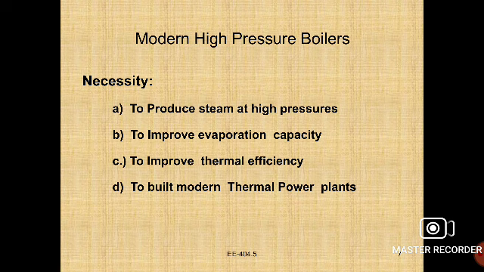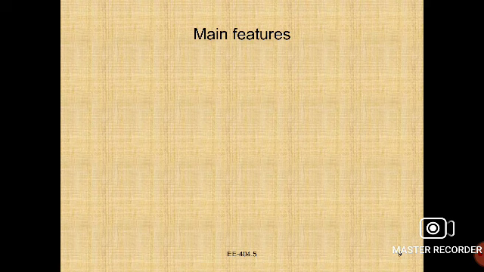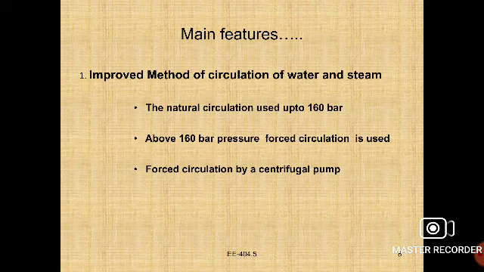The main features of high pressure boilers: first, to improve the method of circulation of water and steam. Natural circulation has been largely used in boilers up to 160 bar only. Above 160 bar, forced circulation is employed.